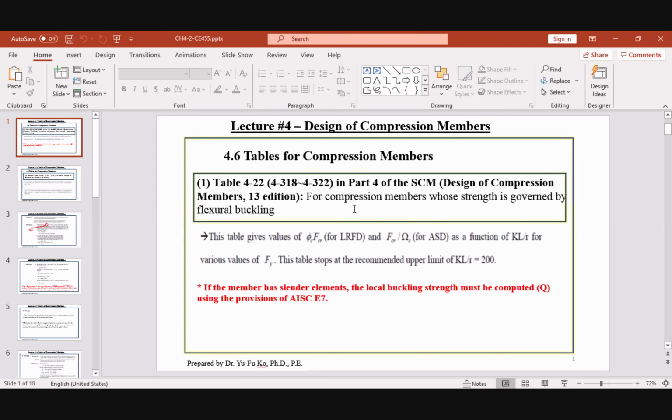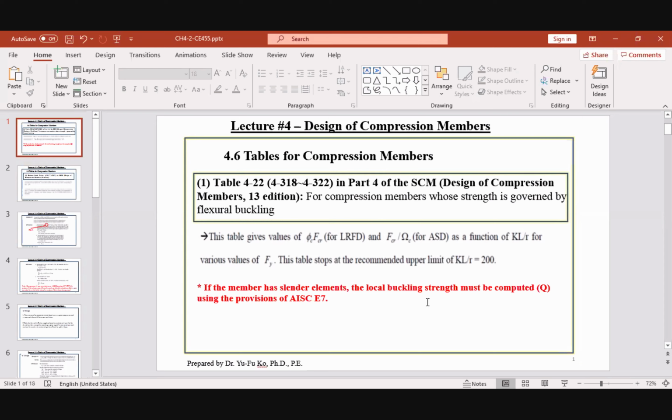This table is used when the compression member is governed by flexural buckling. This table will give you the value for φc times FCR for LRFD and FCR over Ωc for ASD as a function of KL over r for different values of Fy.